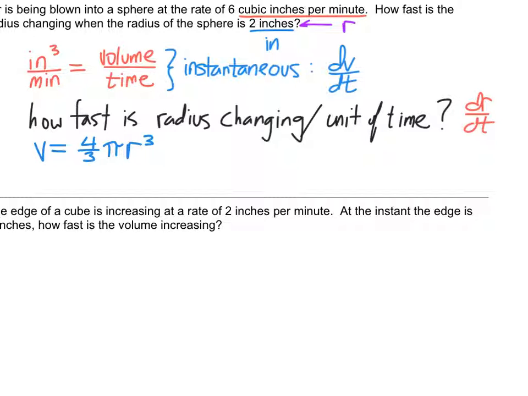The issue is we have to take the derivative using implicit differentiation. Right, so that's way back in December. So I'm going to take the derivative of this with respect to time.